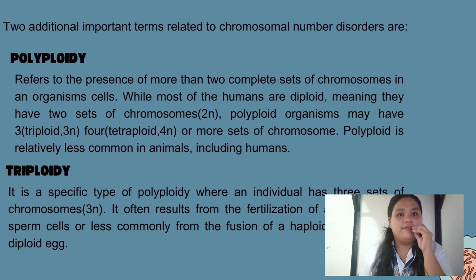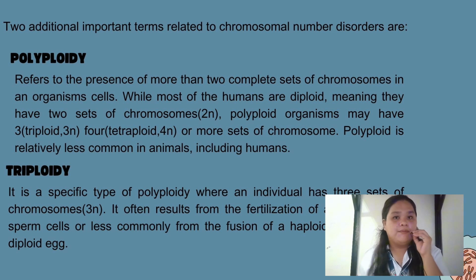Individuals who survive have mosaic triploidy, meaning that some cells have the normal number of 46 chromosomes and other cells have 69 chromosomes per cell. Tingnan nyo baga yung agwat or gap nung 46 chromosomes tapos 69 chromosomes per cell.